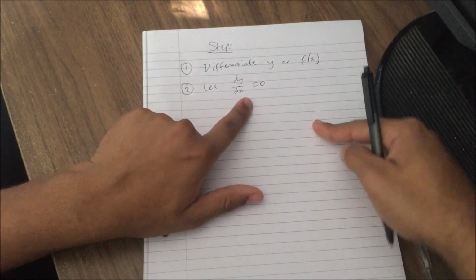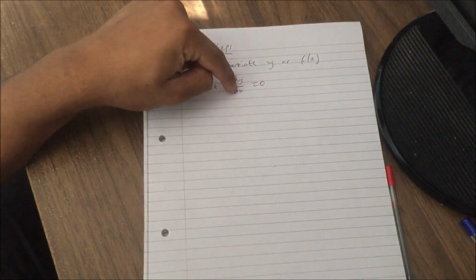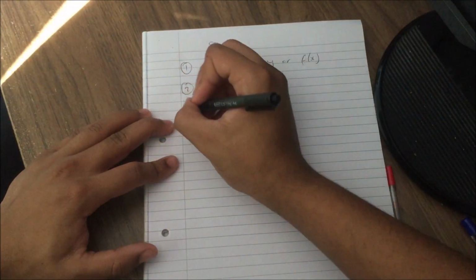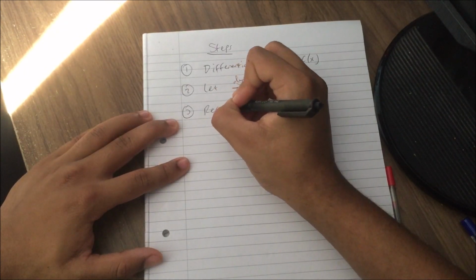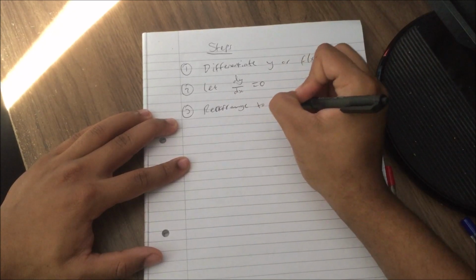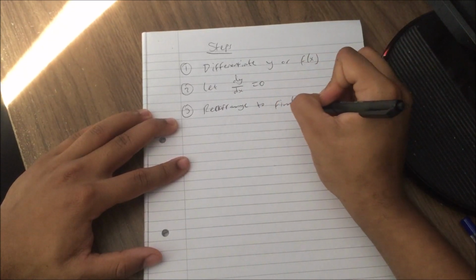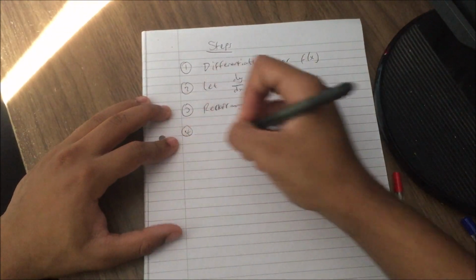So when you differentiate, let the derivative of y with respect to x equal to 0. Step 3. Rearrange to find x. Just x. Okay.